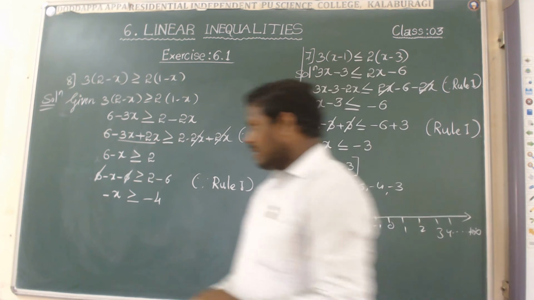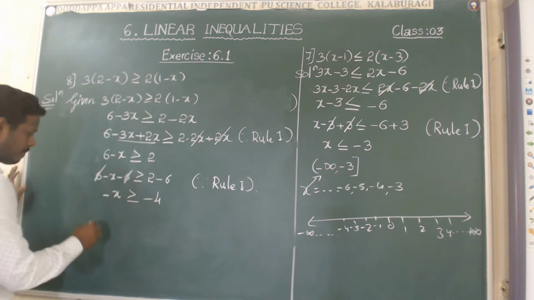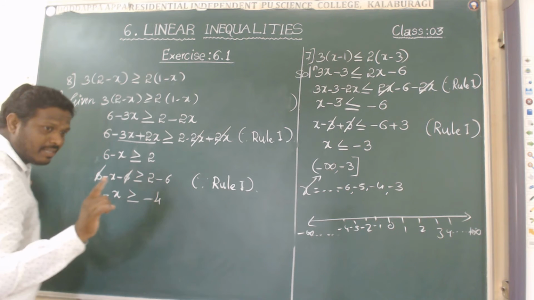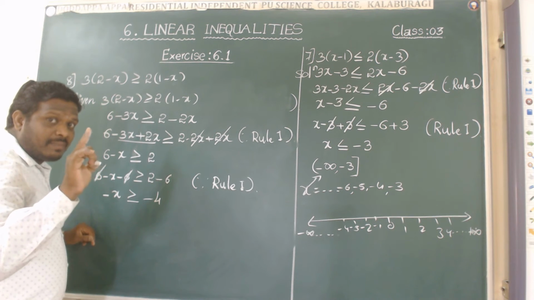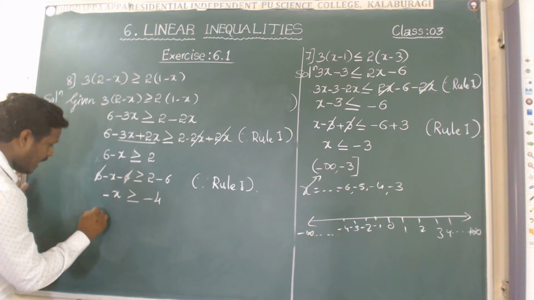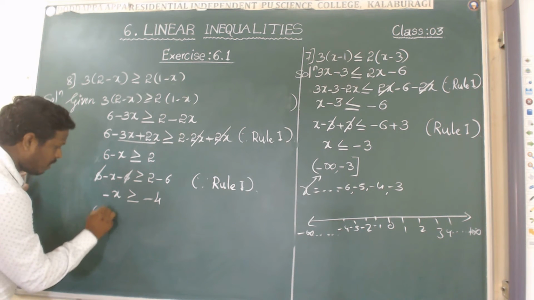Now I am going to multiply. When you multiply by a negative number, the sign of the inequality is reversed, as per the property of the second rule. Here I am going to multiply both sides by minus 1.